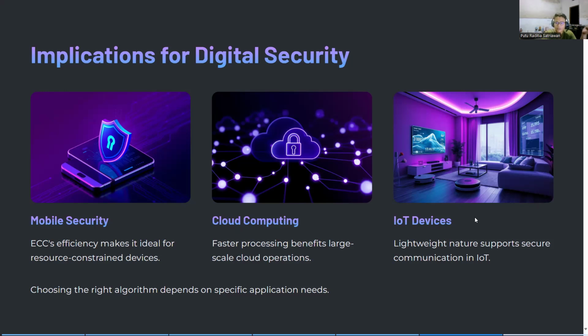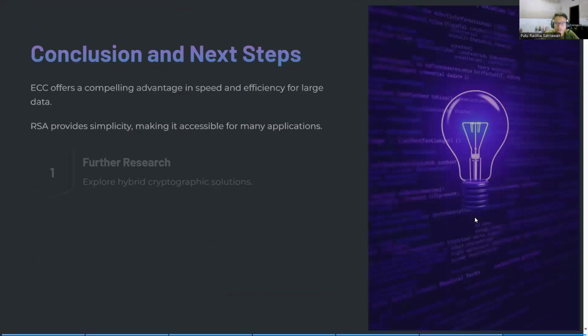And for IoT devices, its lightweight nature supports secure communication, which is also an important point. Choosing the right algorithm depends on the specific application needs. You need to look back at what your needs are and choose the right one for the application itself.